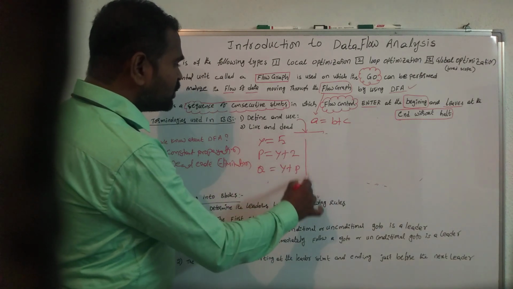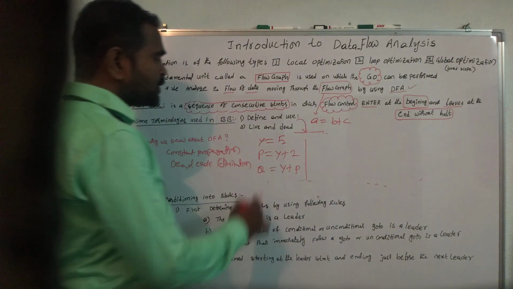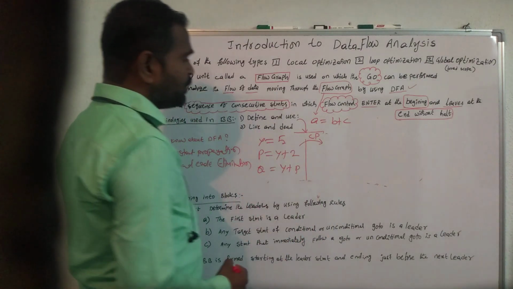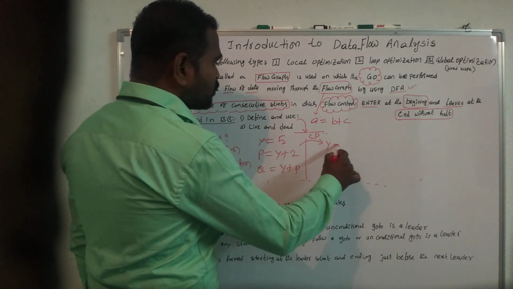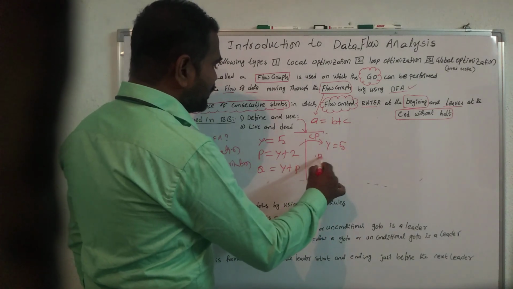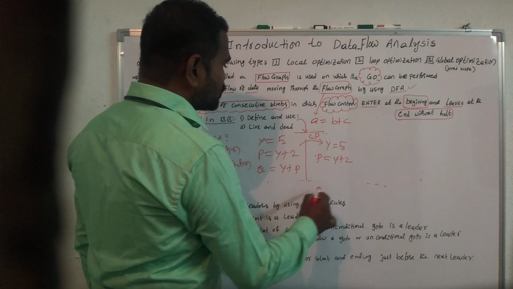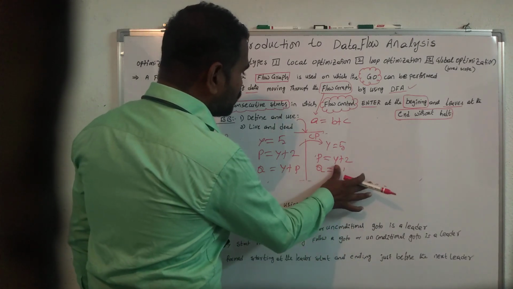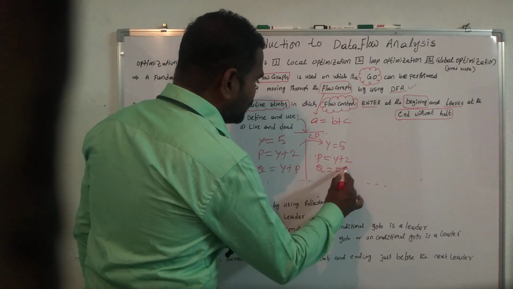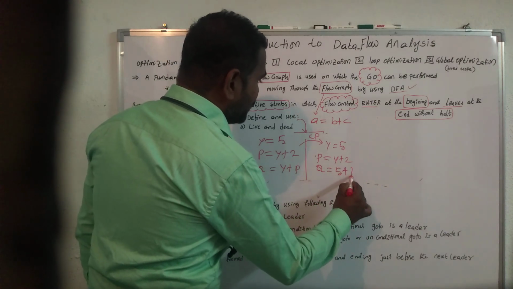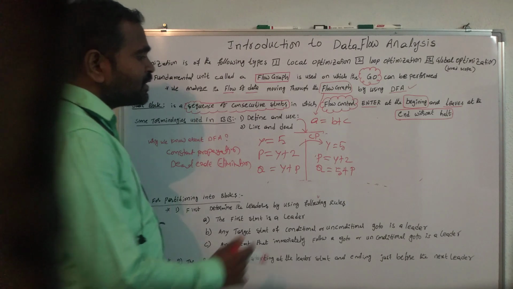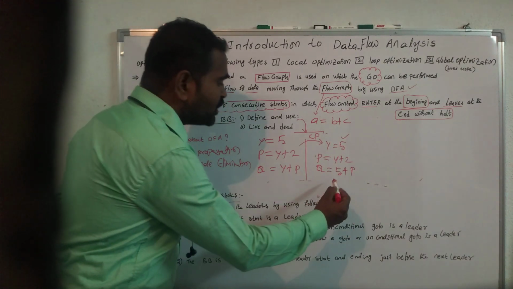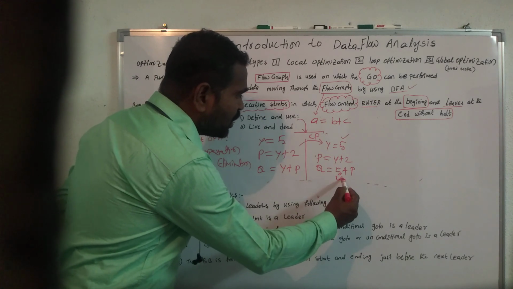In constant propagation, y is equal to 5, p is equal to y plus 2, and q is equal to 5 plus p. In this case, this constant value is substituted in the y location.